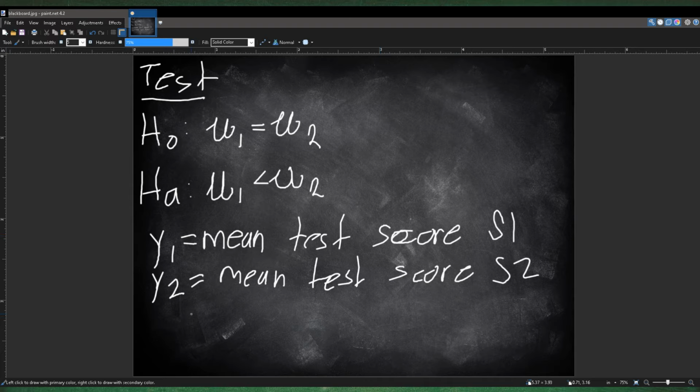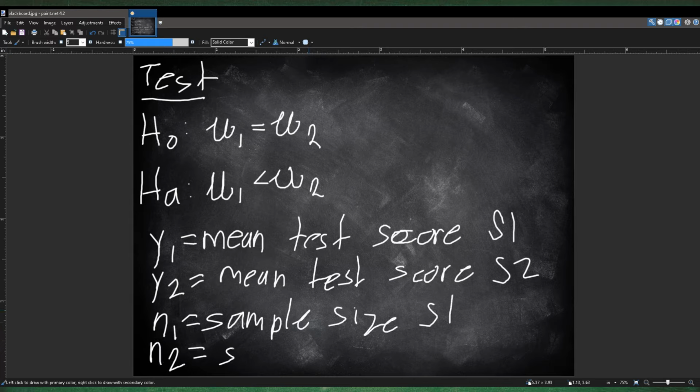And you could write the standard deviation for 1 and 2, but you don't have to. I mean, it's kind of obvious. And then you have N1, which is just the sample size for student 1, and N2 is the sample size of student 2. Okay. So basically, just write everything in context and define your variables.